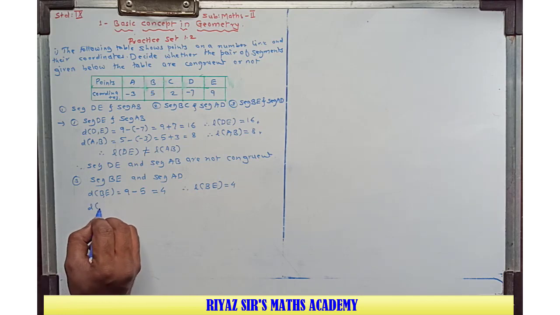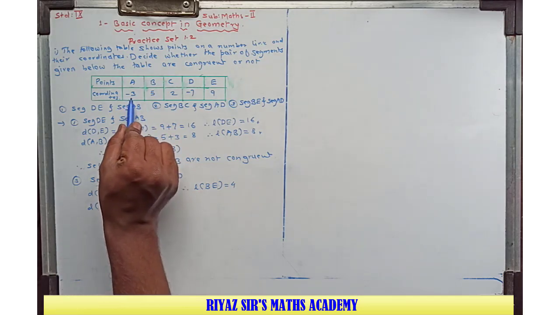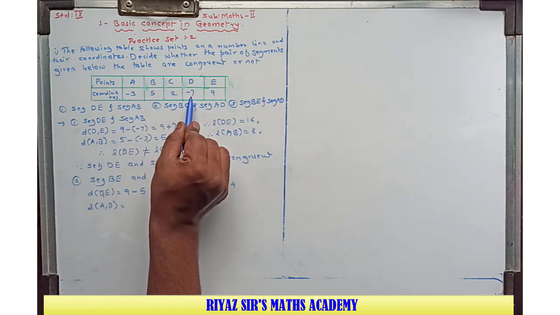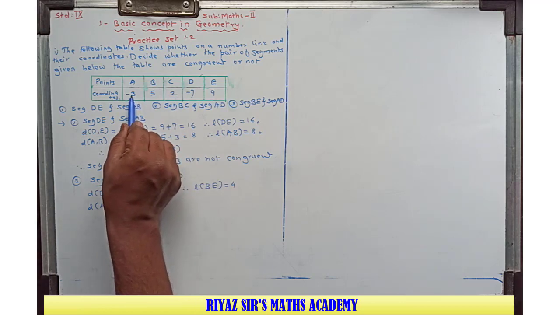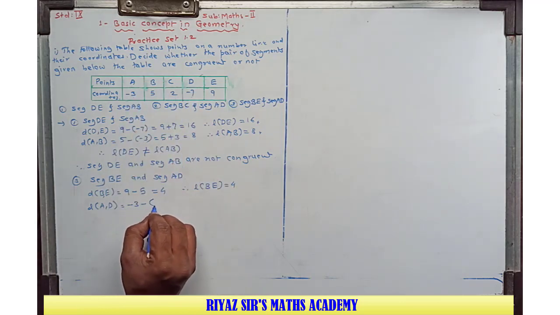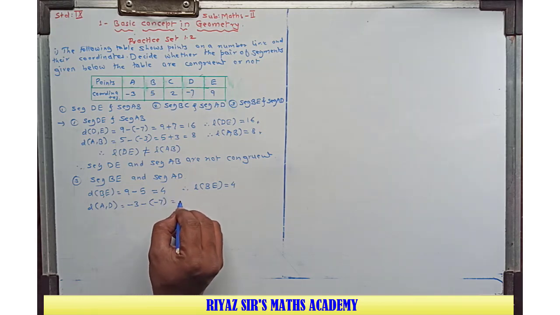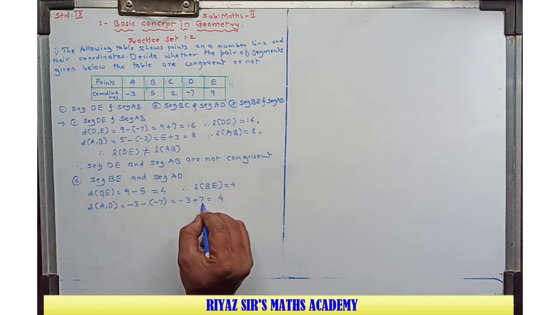After that distance AD, coordinate of A is -3 and D is -7. Which one is greater? -3 is greater, -7 is smaller, so -3 minus (-7), that is equal to -3 plus 7. Different signs are there, so we have to take subtraction. So 7 minus 3, that is 4, with the sign of the greater number.